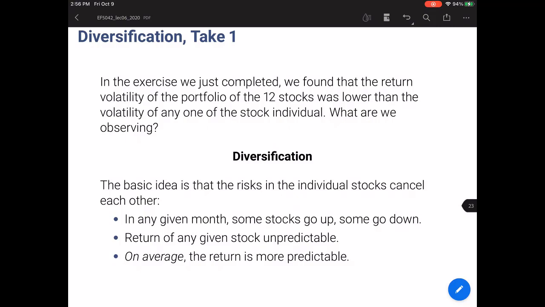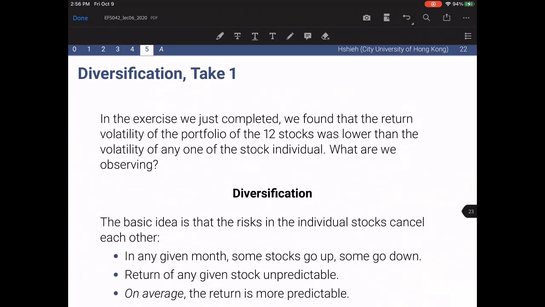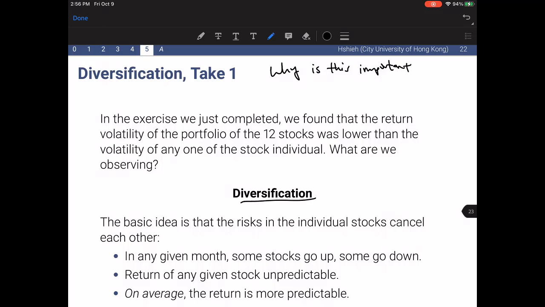So let me give you the big picture again. Why is this, meaning diversification, important for corporate finance? Let me write out corporate finance perspective. Remember our objective.